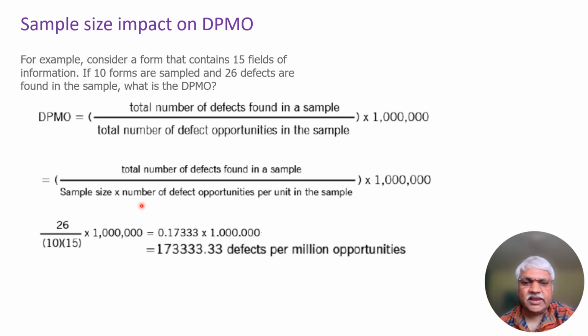However, the number of defect opportunities per unit, that means like in one sample, how many defect opportunities can be possible, is 15. So we have to consider 26 divided by 10 into 15, into 1 million. So these many defects per million opportunities exist. That is how DPMO is calculated for a situation.